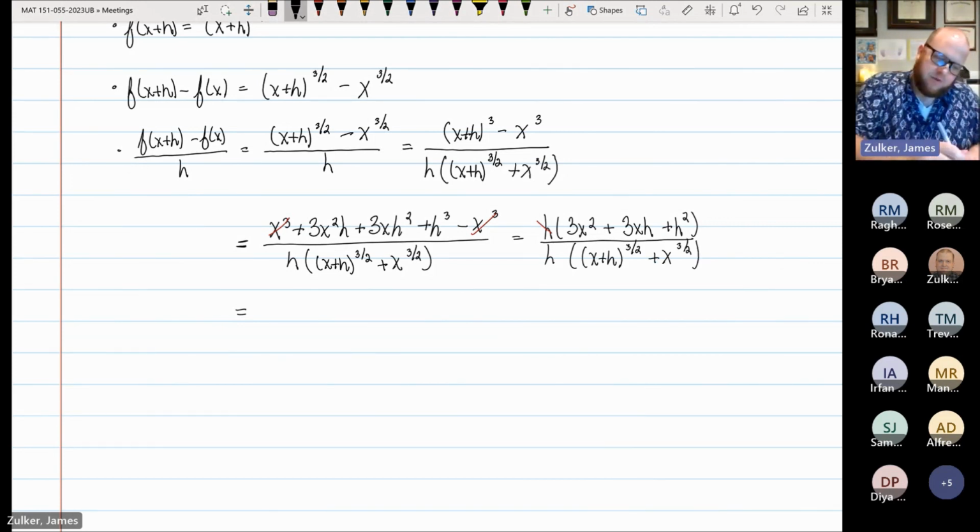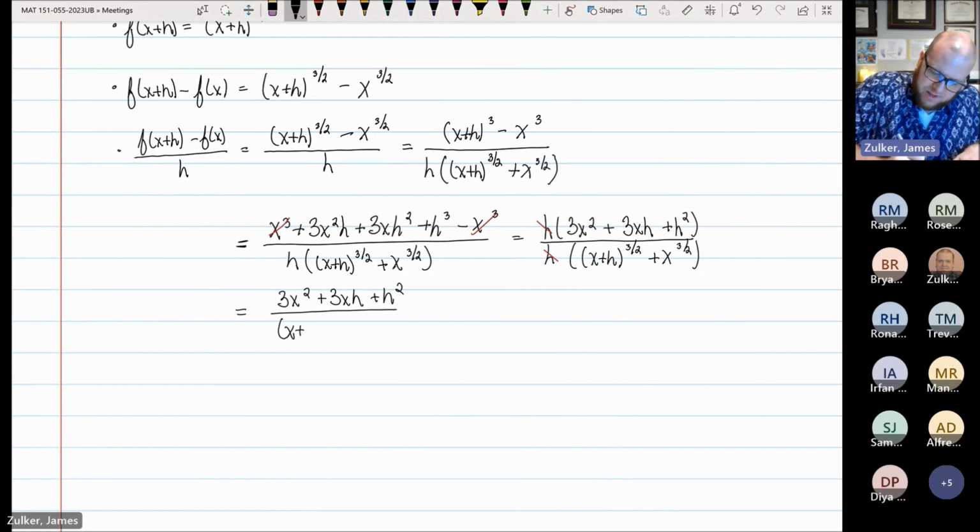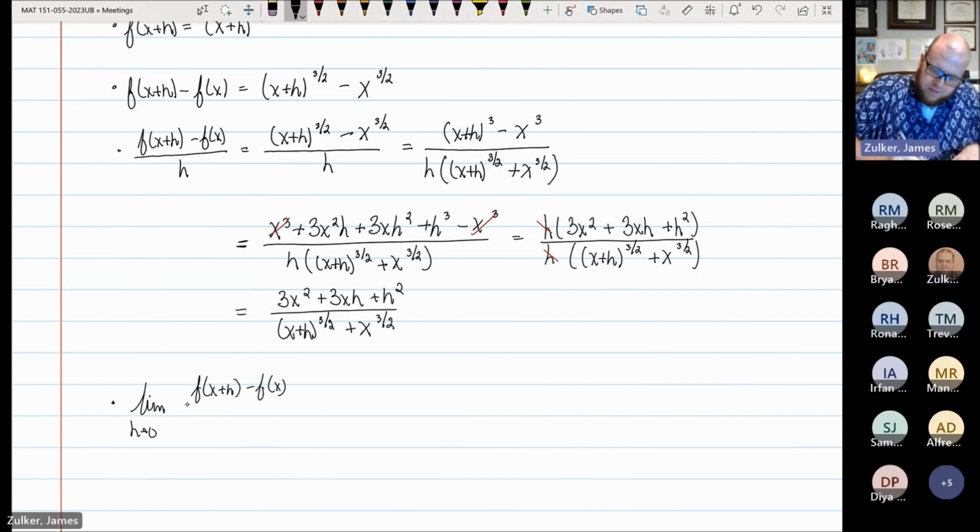We just completely dropped the other term in the denominator. What we're left with is actually 3x squared plus 3xh plus h squared over (x plus h) to the 3/2 plus x to the 3/2. We can now pass that through a limit.